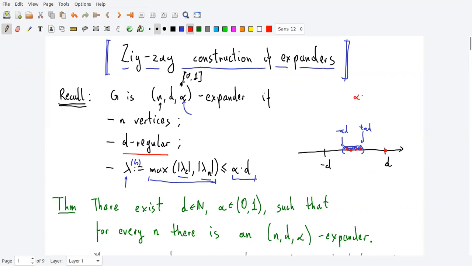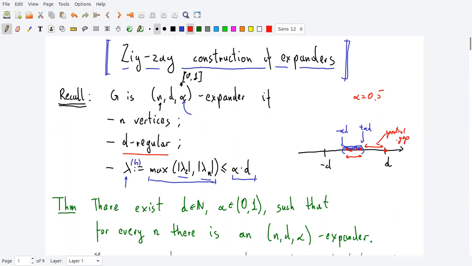So if, for example, alpha is equal to, I don't know, 0.5, then all the eigenvalues apart from this one largest one need to be concentrated around 0. And this gap between the largest eigenvalue and this interval containing all the other eigenvalues, this is called the spectral gap.